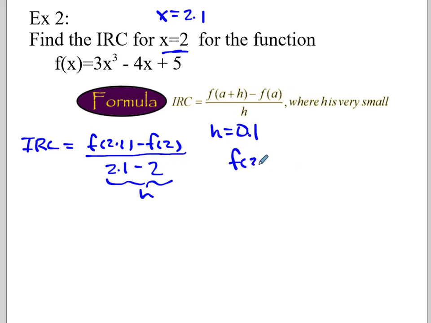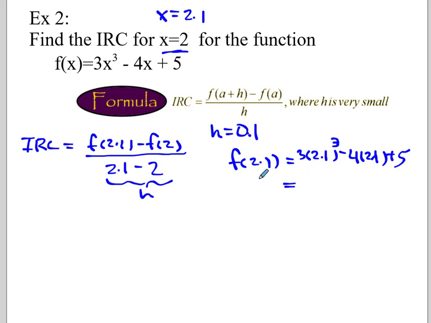So if we put 2.1 into our function, 3 times 2.1 cubed, minus 4 times 2.1 and plus 5.